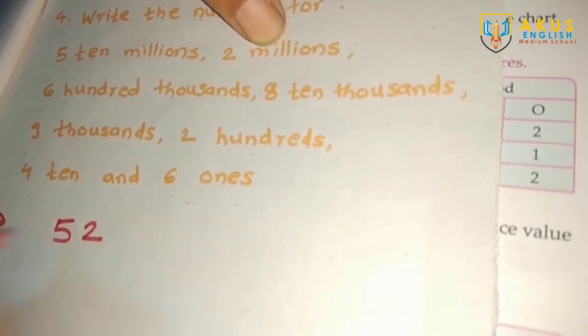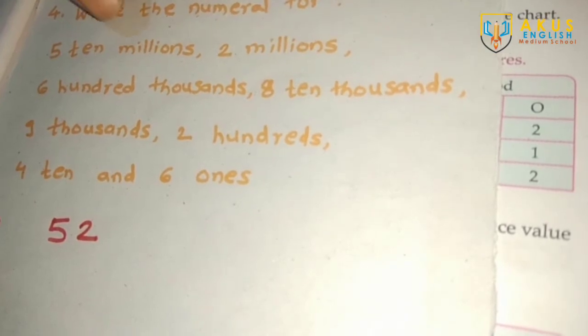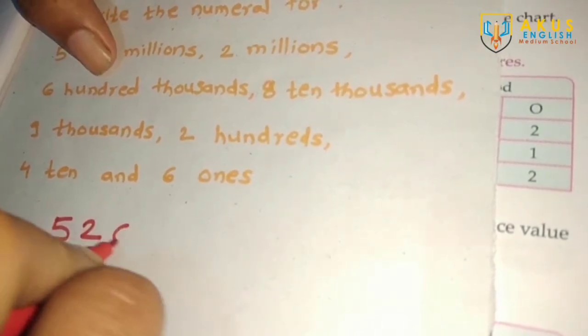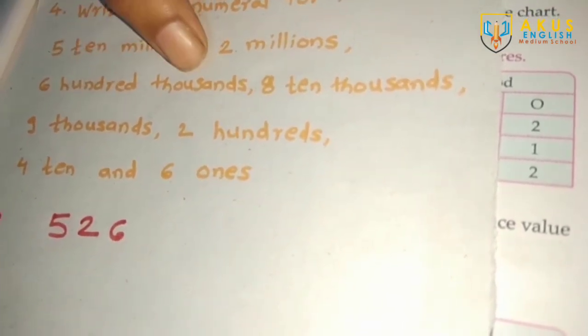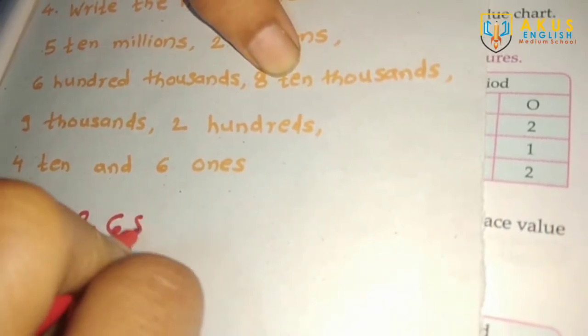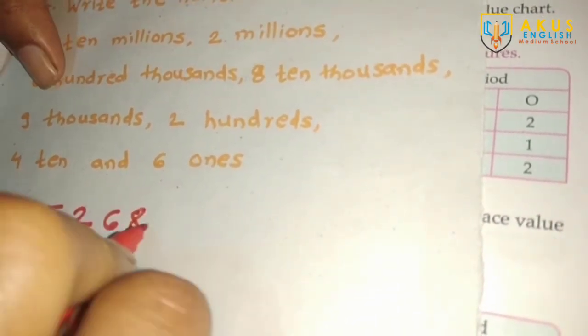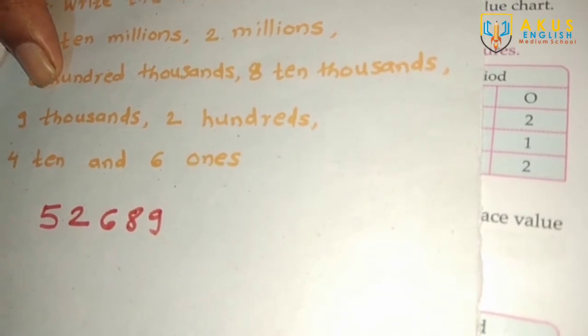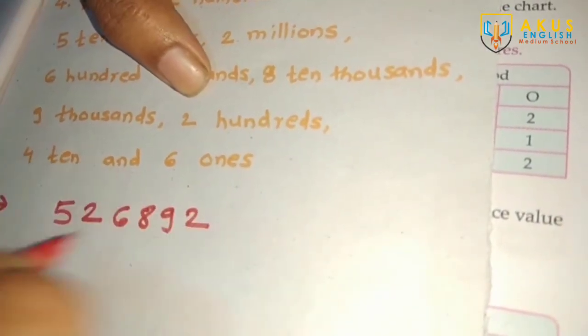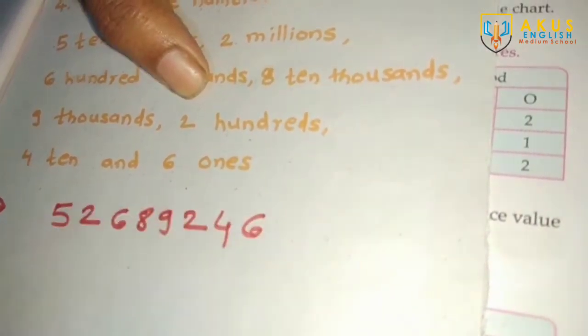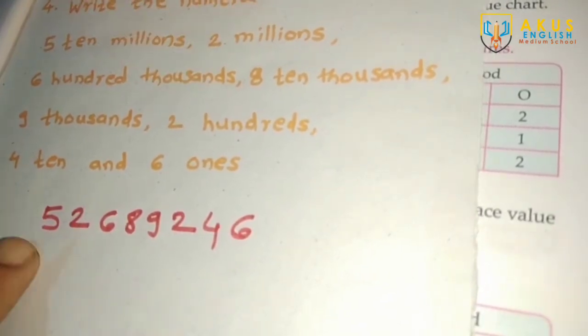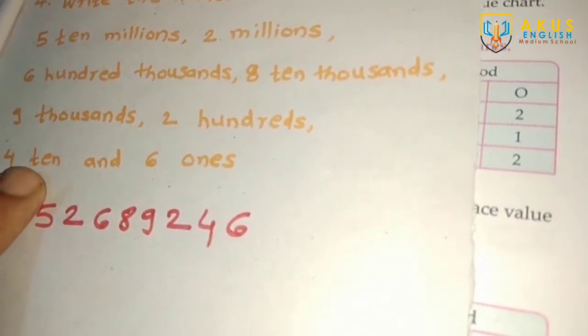So 5 2. After million, the place of 100,000. So 600,000. After 600,000, 8 10,000. Then place of 1000 only. So 9,000. Then 2 hundreds, 4 tens and 6 ones. So this is the numeral from the given number name.